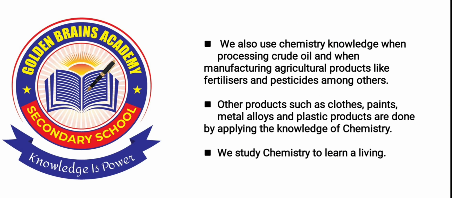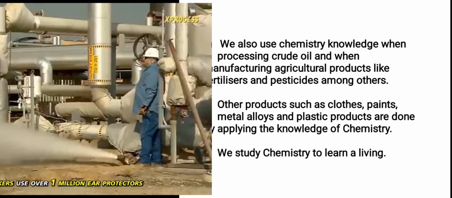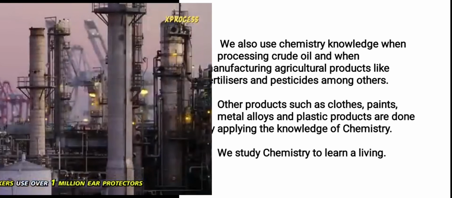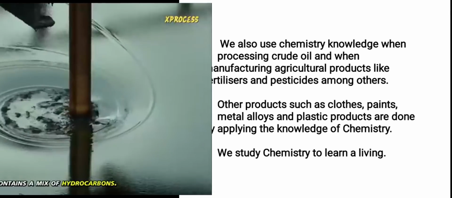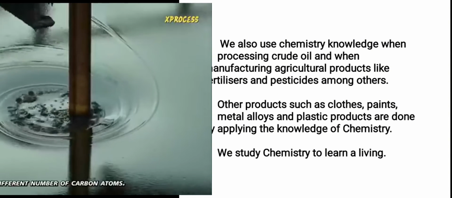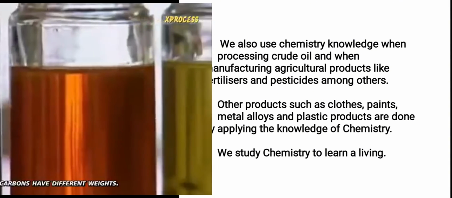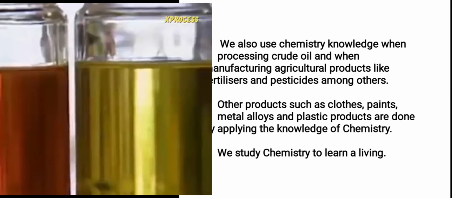And then the next point is, we also use chemistry knowledge when processing crude oil, and we also use it when manufacturing agricultural products. Crude oil comes as raw material. For it to become finished products, it will have to undergo processes in order for us to obtain what we want.